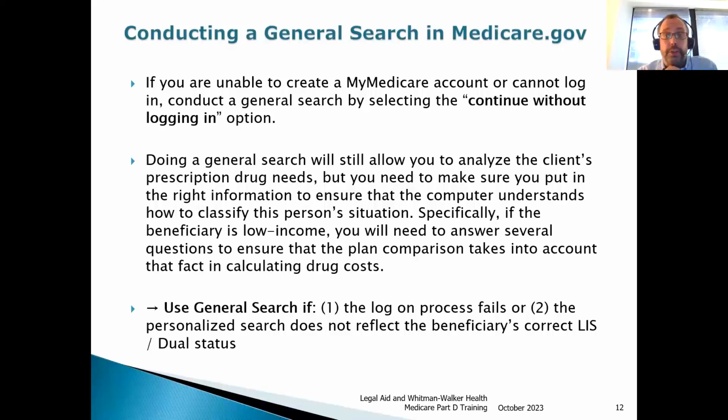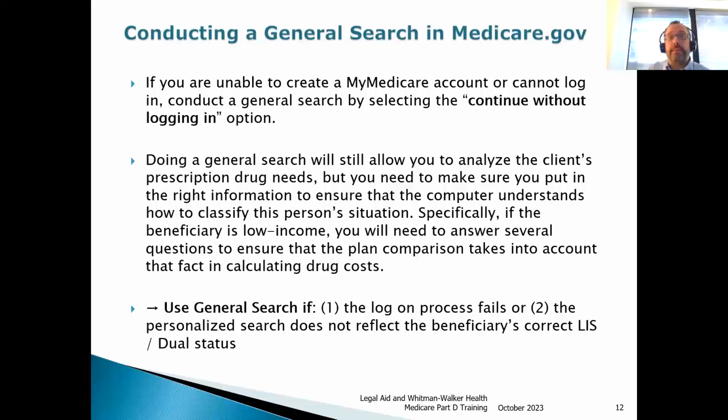Doing a general search, you do need to have a little bit of information about the client's prescription drug needs. Obviously, you need to have their list of medications, because you will have to enter that list of medications manually. There will not be the personalized information that you will be able to access through MyMedicare.gov. And then you would also need to put in the correct information to ensure that you are reflecting whatever level of low-income subsidy or cost sharing, whether it's QMB or full Medicaid, that person has, so that you can give them an accurate recommendation about what drug plans will cost for 2024.